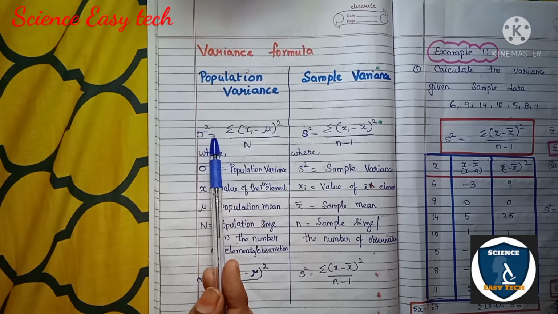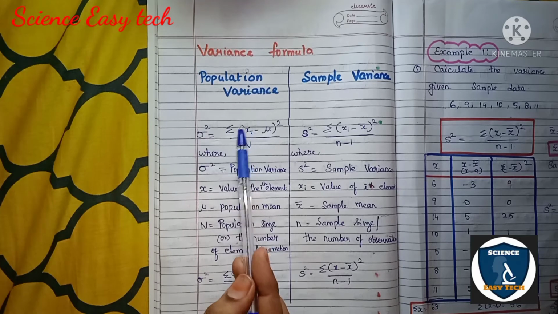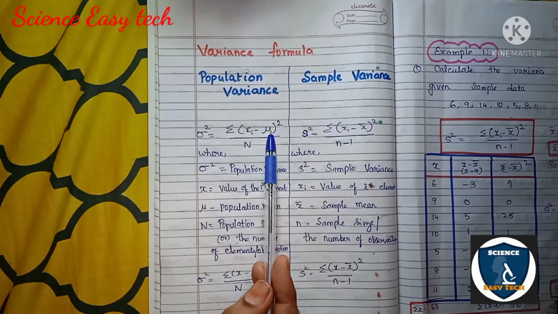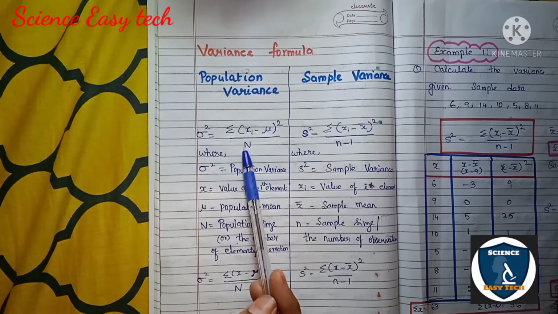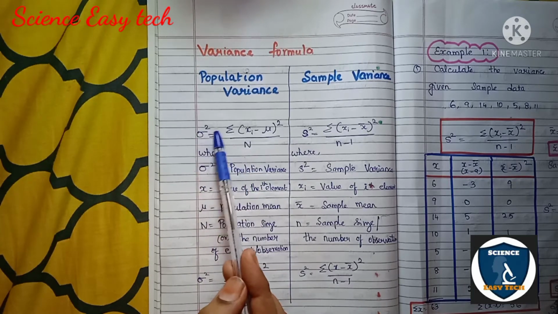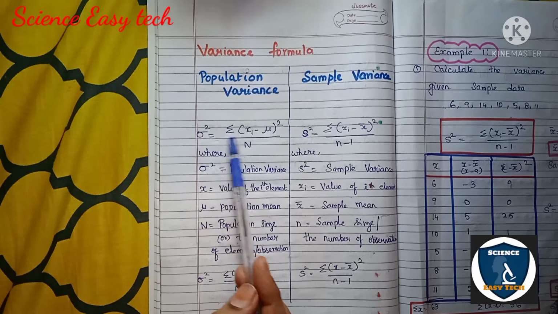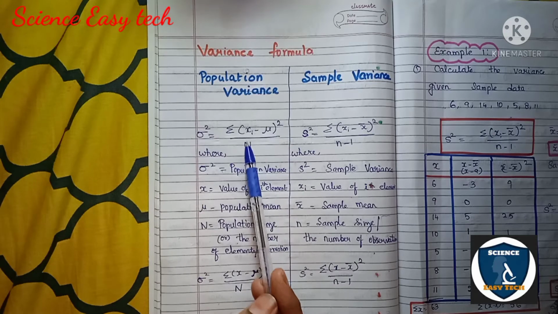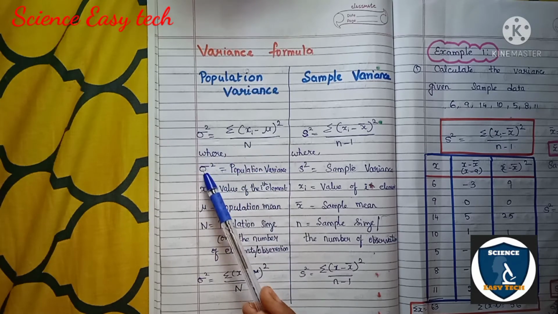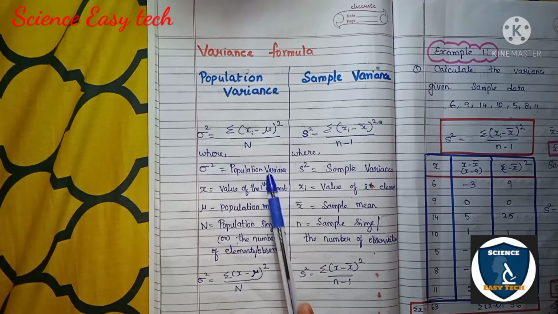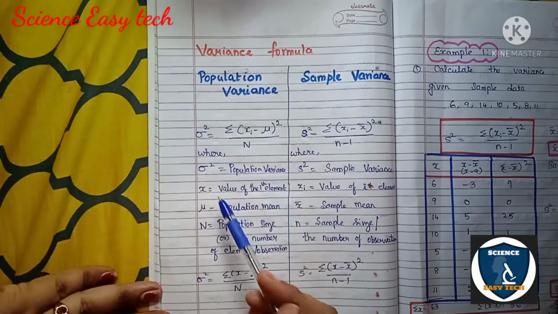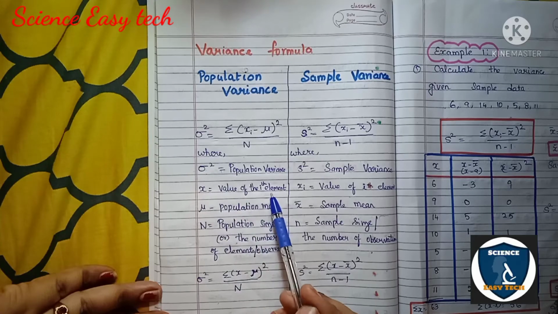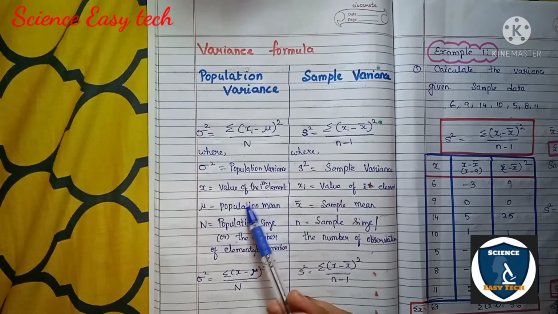Sigma square is equal to summation of (xi minus mu) whole square divided by capital N. Since it is population, you will not use small n, you have to use capital N. Where sigma square is equal to population variance, and xi is equal to the value of the ith element, that is the value of each x element.